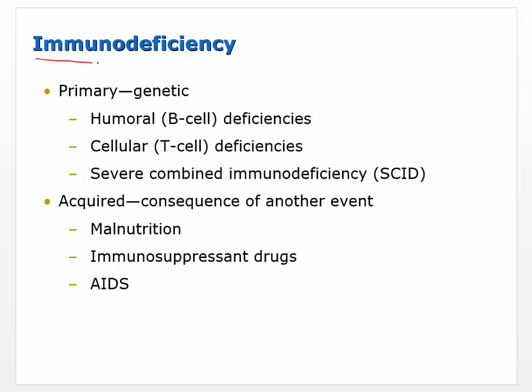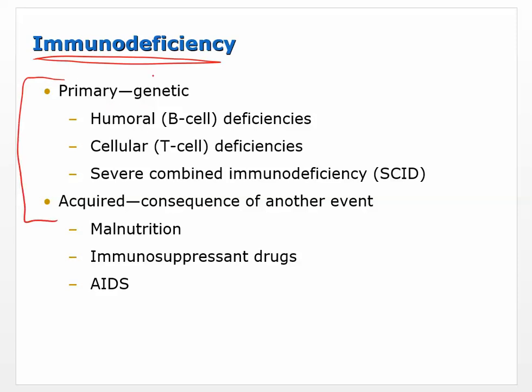Okay, so immunodeficiency. We've just covered a lot. We spent a lot of our time talking about overactive, hypersensitive immune responses, and now we're going to talk about immunodeficiency. Roughly broken down into a couple of categories.